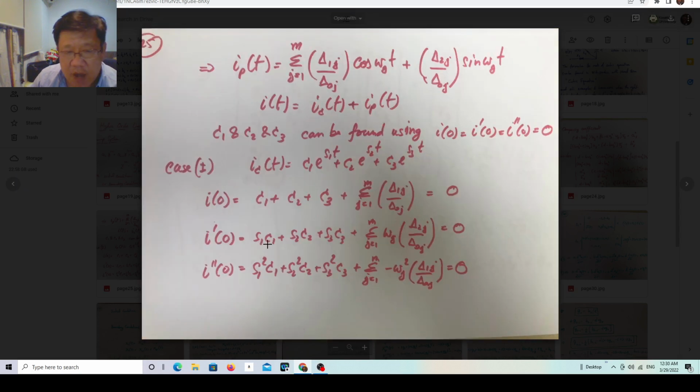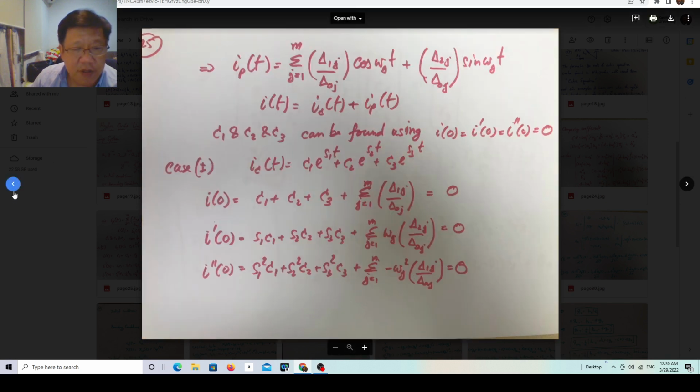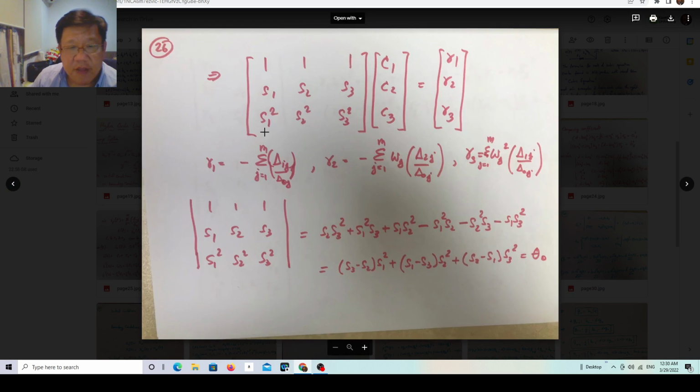And this one, s1 times c1 plus s2 times c sub 2 plus s sub 3 times c sub 3, is this coefficient here multiplied here. And the third one is according to this one. For the third, you get here c sub 1, c sub 2, c sub 3 in matrix form. The reason I write it in matrix form is so we can apply Cramer's rule again.